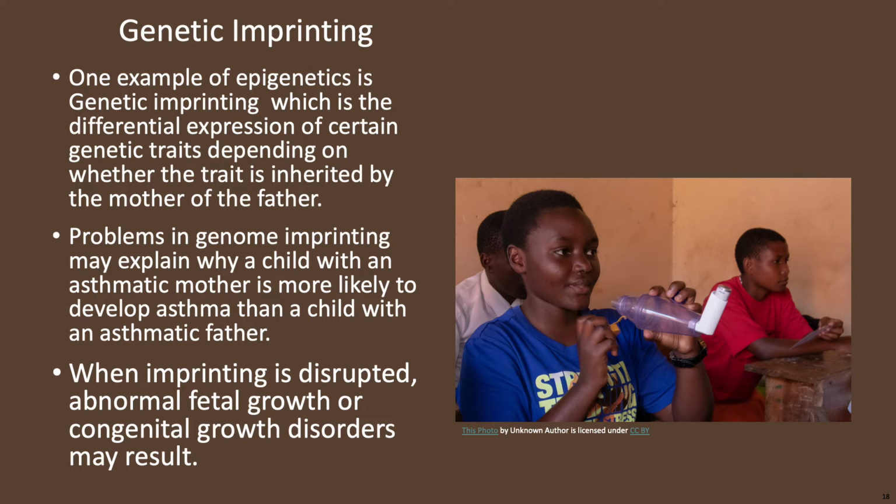Problems in genome imprinting may explain why a child with an asthmatic mother is more likely to develop asthma than a child with an asthmatic father. When imprinting is disrupted, abnormal fetal growth or congenital growth disorders may result.